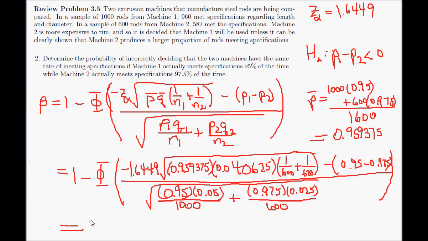So we get this is equal to 1 minus phi of 0.87677, doing the arithmetic.